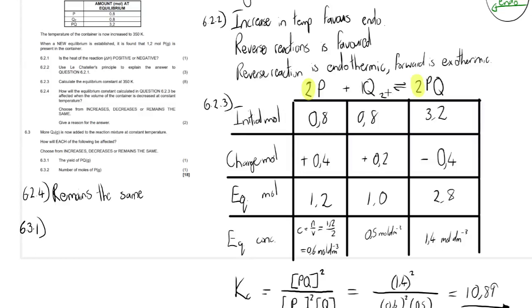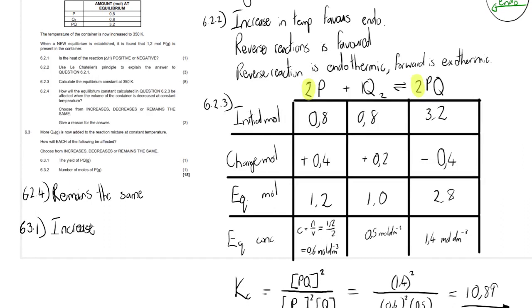Le Chatelier's principle tells us that if I increase the concentration of Q2, the reaction that decreases it will be favored. And what is the reaction that uses it up? It is the forward reaction. So if the forward reaction is favored, more products will be made, and so the yield will increase.